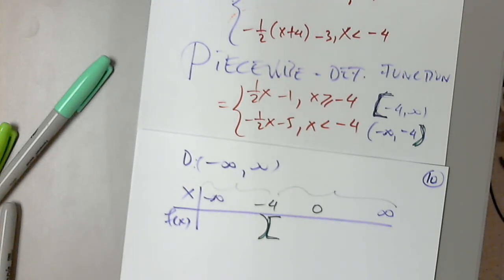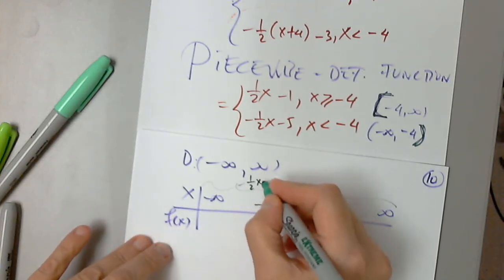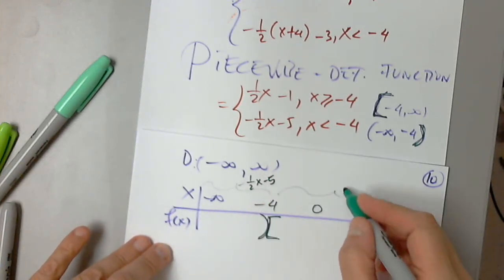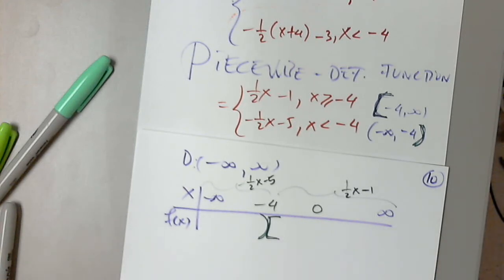On the first subinterval, which function are we going to use? Yes, awesome. Be very careful here. And obviously 1/2 x minus 1. They're both linear functions. I need 2 points on the left and 2 points on the right.